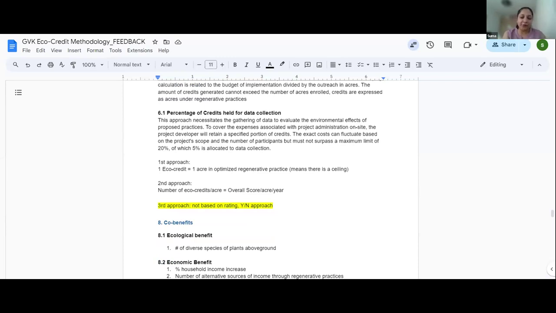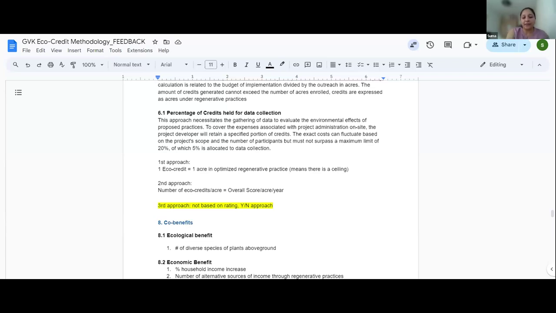So the first approach is basically where the moment the farmers are enrolled in the program, they are entitled to one credit, which is equivalent to 1 acre of their farm. So if the farmer is enrolled with 4 acres within the GVK regenerative program, then the farmer will be entitled to 4 credits per year.